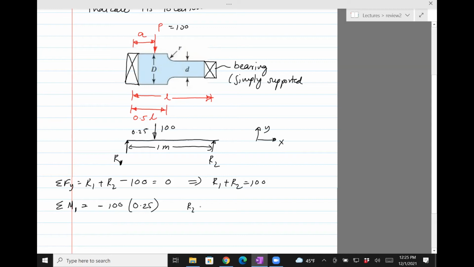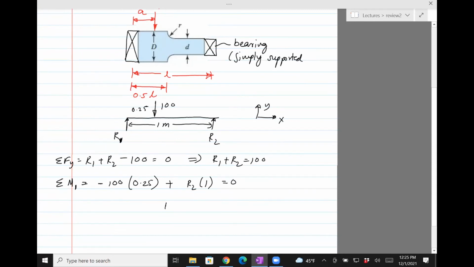Then we have R2, which is at a distance of 1 meter, and that produces a counterclockwise moment, so positive, equals 0. From this, we can solve for R2. It comes out to be 25, I think. And then R1 is 100 minus 25, which is 75.